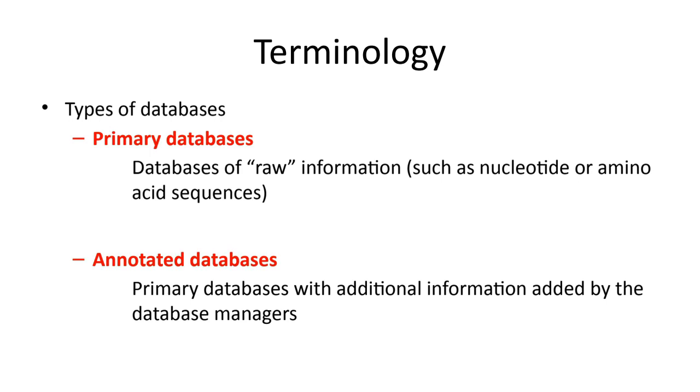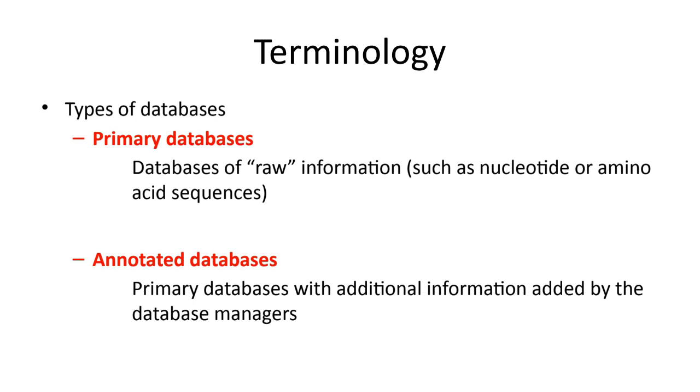But generally, that information on its own is not all that useful. What you usually want is the genome sequence, plus knowing where in that genome sequence you could find the start codon and the stop codon of all the individual genes, where you could find the promoter sequences for the individual genes, things like that. And so annotated databases contain the raw information, plus all this extra information that tells you useful things about the raw information.